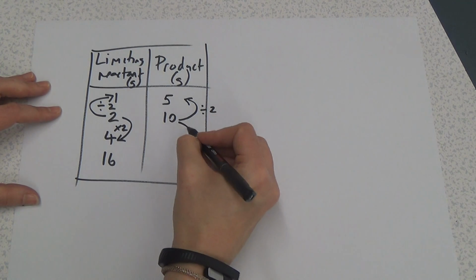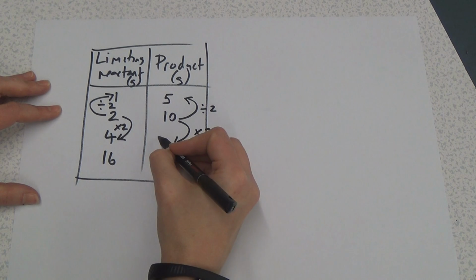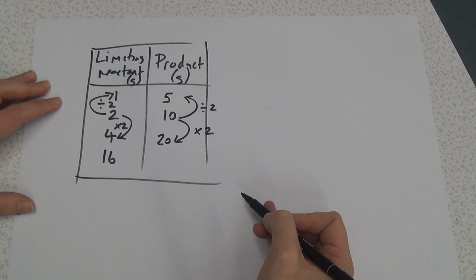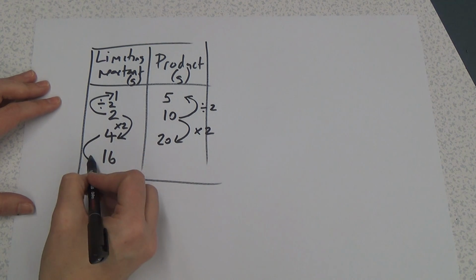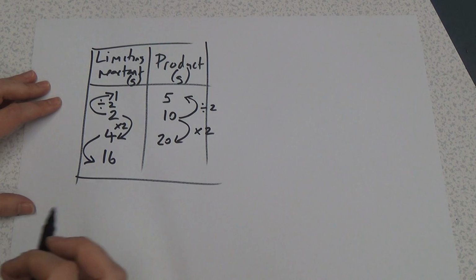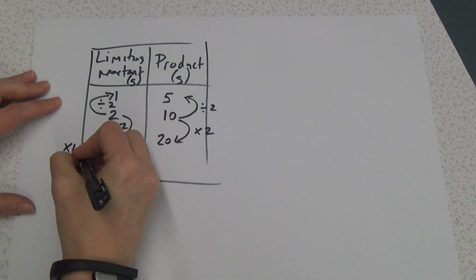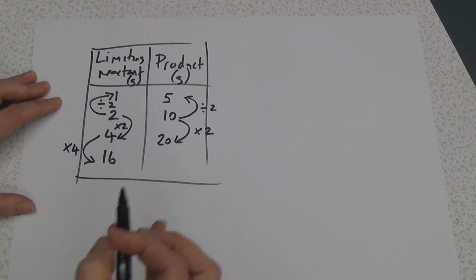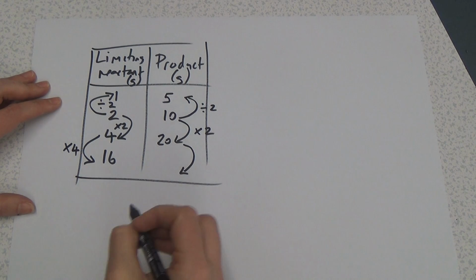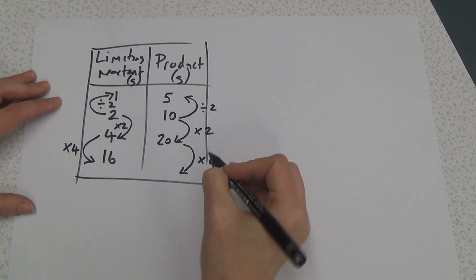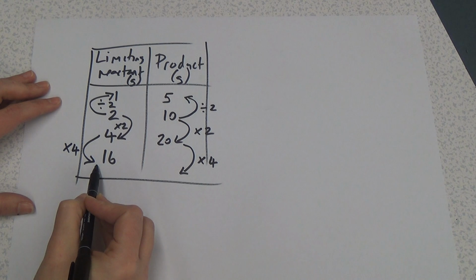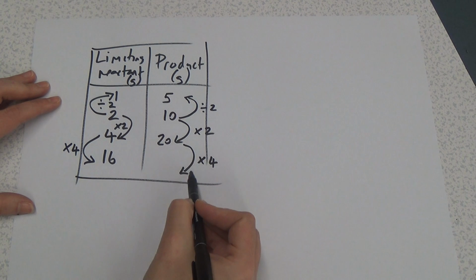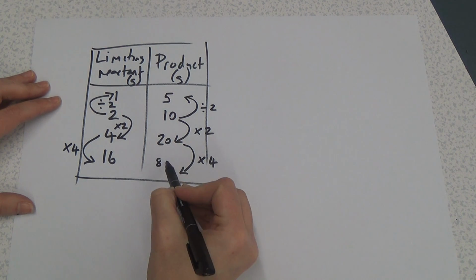The amount of product that's produced also has to multiply by 2, giving me 20 grams for 4 grams of limiting reactant. If I go from 4 to 16, that is actually 4 times greater. So again, I'm multiplying that value for my limiting reactant by 4. In the case of our product, we also have to multiply by 4. So if the limiting reactant goes up 4 times from 4 to 16, our amount of product will also go up by 4 times from 20 to 80.